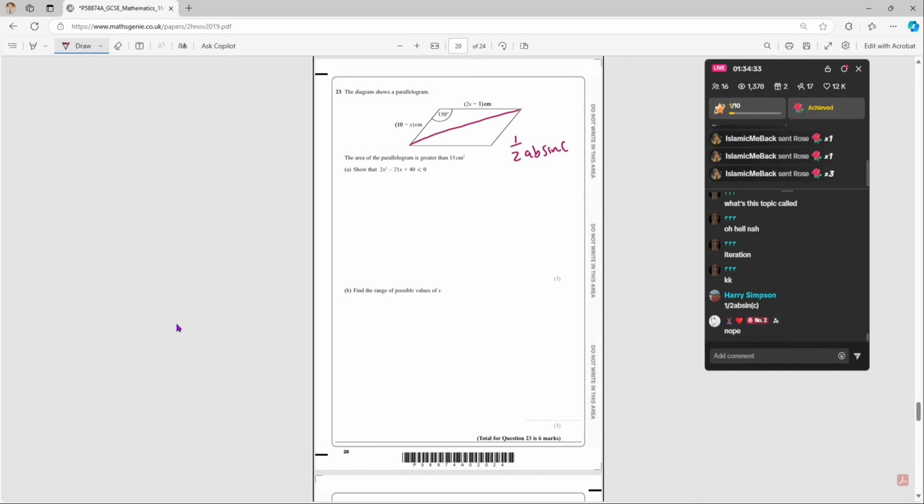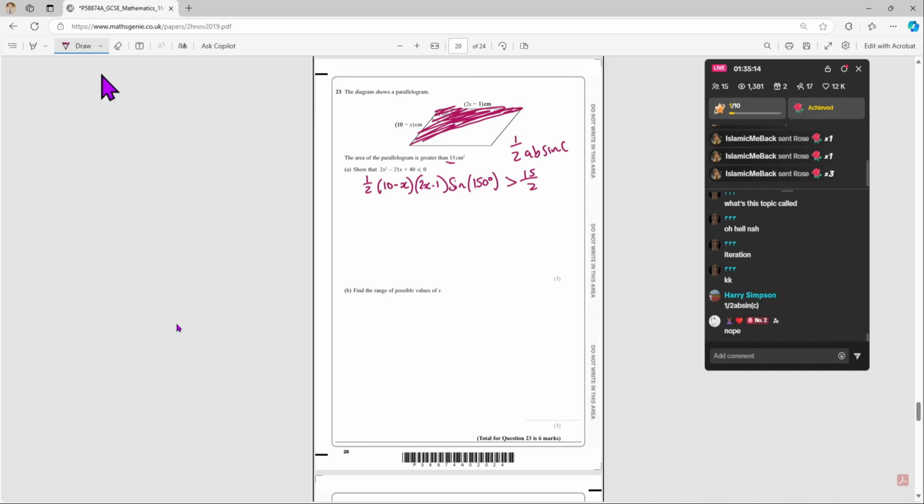So you're going to use the formula. It's going to be half, and then a is 10 minus x, and then 2x minus 1, and then sine 150 degrees, which is greater than 15 over 2. It's going to be 15 over 2 because we are working out the area of the triangle, which is half the parallelogram.